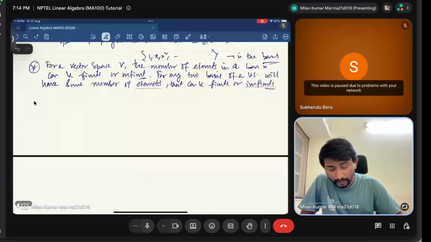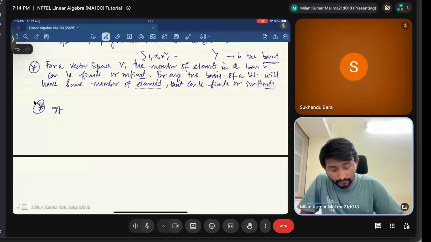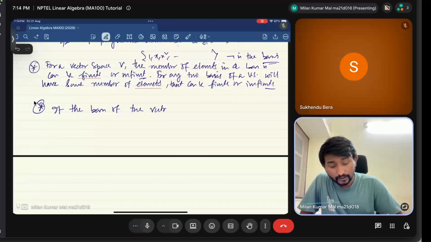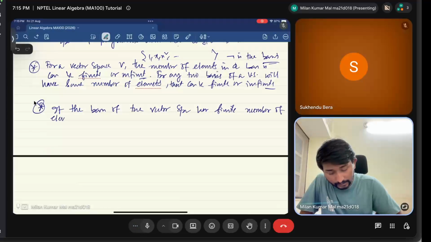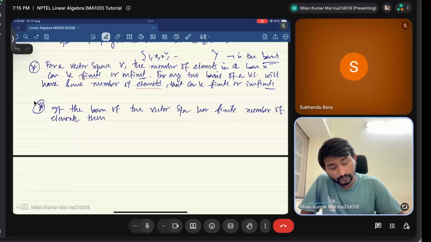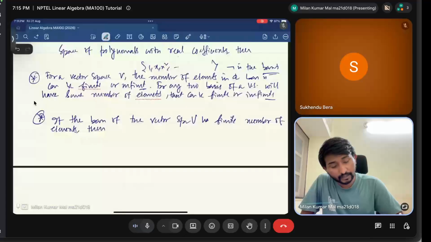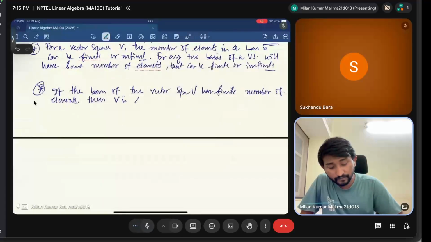If the basis of the vector space V has a finite number of elements, then V is said to be a finite dimensional vector space.